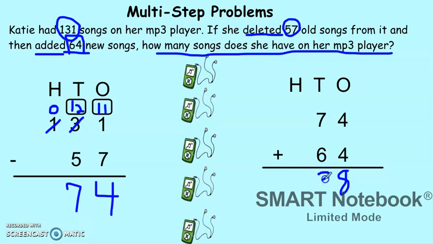So my 3 is going to go right here, and I'm going to put my 1 in the hundreds place, right? Because I'm regrouping. 1 plus nothing, or 1 plus 0 is 1. So how many songs does she have on her MP3 player? 138. Very good. Let's go to our last multi-step problem.